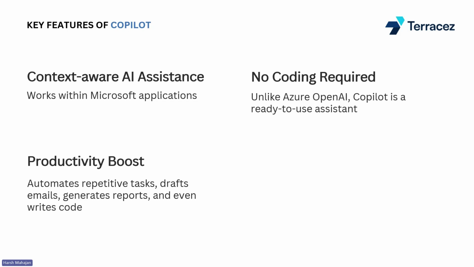All those things you can do within the Word environment itself. You don't need to go anywhere else. You don't need to switch the screen anywhere. That will be available as a plugin. You can just ask. So the document you are drafting would be the context for that AI assistant to provide you the right answers. And with that, it can help you draft the document quicker and improve your productivity.